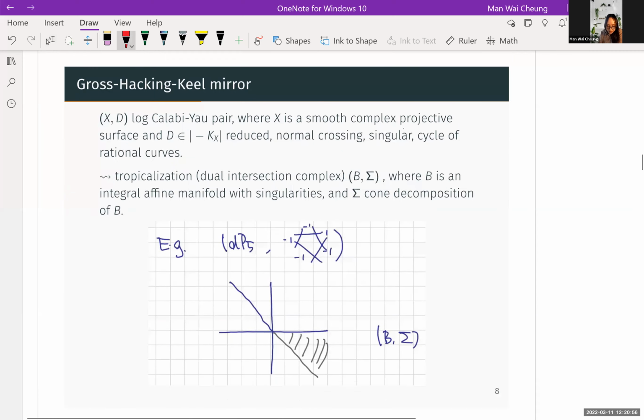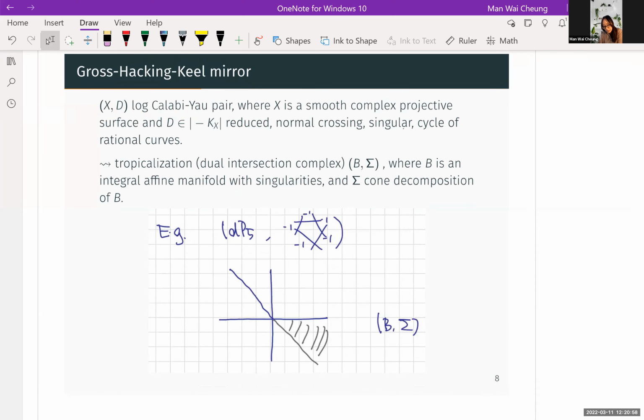Again, an example: dP5 and a cycle of five minus-one curves. What we do here is look at each intersection, like we have three of them, the intersection of the divisors, and then by using the toric local relation, we can draw the cone associated to the intersection of divisors.